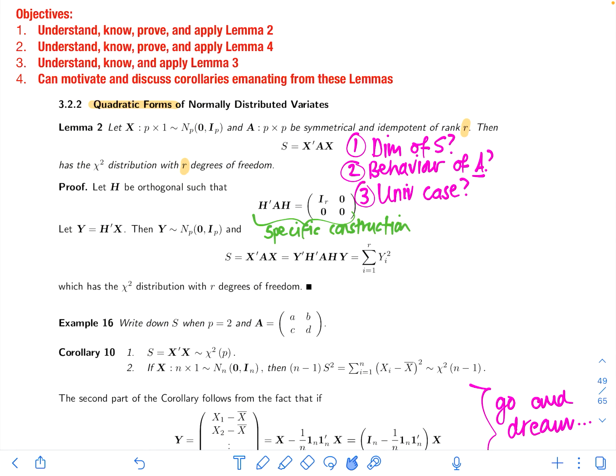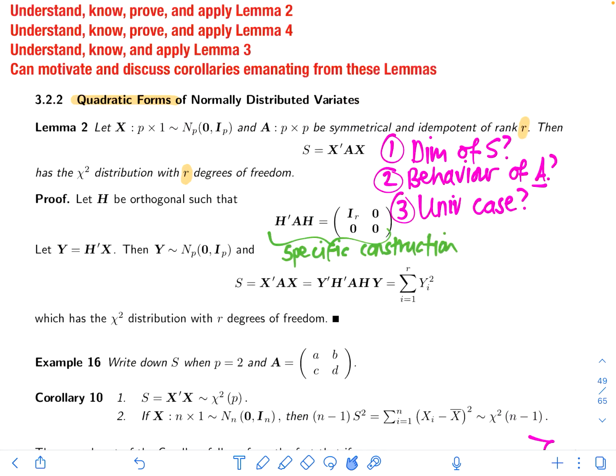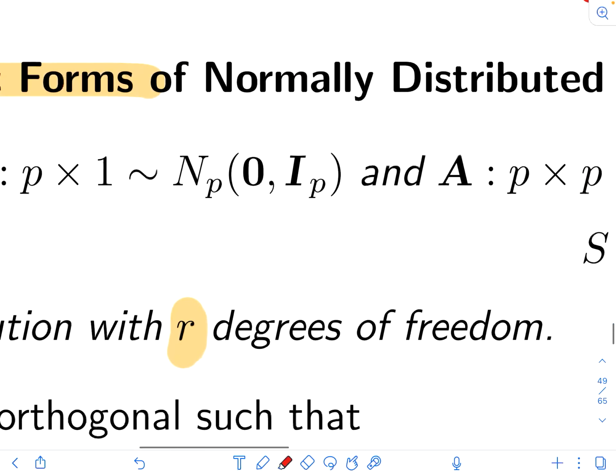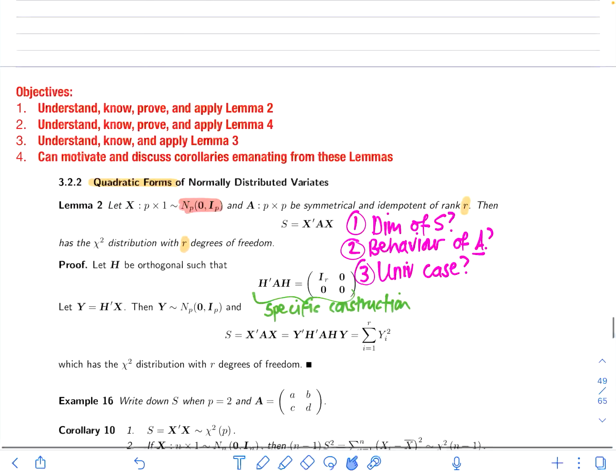In lemma 2, let X be a p by 1 vector which is standard multivariate normally distributed. I have a matrix A. This matrix A is square, p by p. It must also be symmetric. And in this case, we assume it's idempotent of rank r.